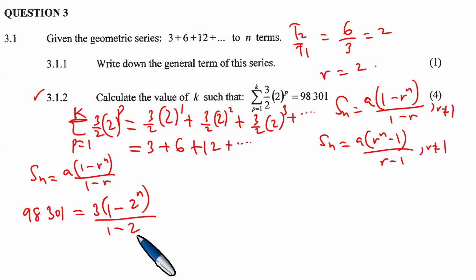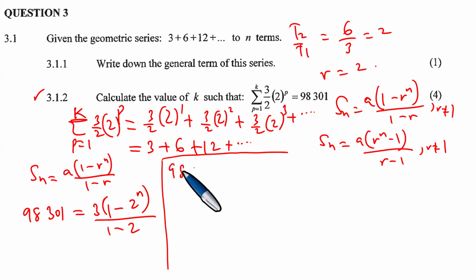What is 1 minus 2? 1 minus 2 is exactly minus 1. If you divide by a negative, this is going to be plus, and the 1 is going to be negative.